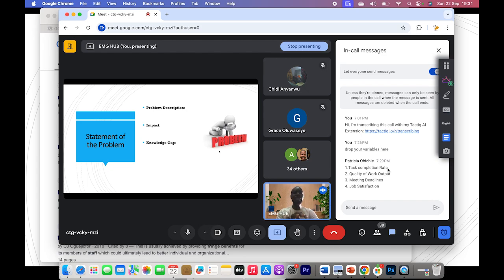Then you talk about meeting deadlines. Meeting deadlines also, you are trying to say that because of poor performance, because of poor or inadequate productivity measures in the organizations, most employees are not meeting up their deadlines. Most of them come to work late. Most of them are always grudging, or most of them are always underperforming.